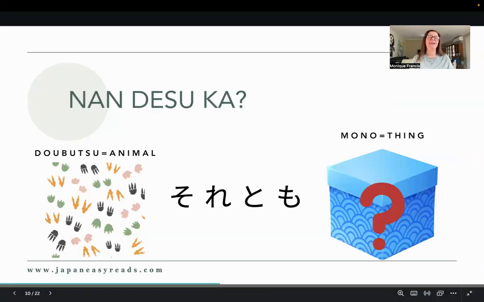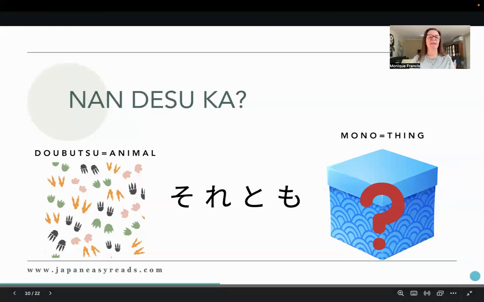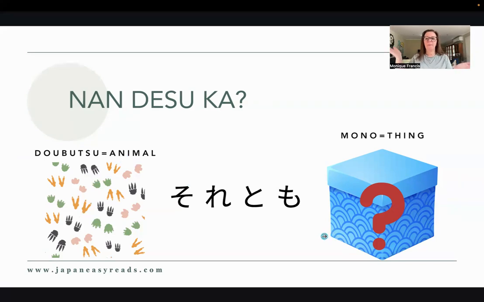The next one. So on a PowerPoint presentation, if I was to do this, I might start with the first question. Nan desu ka? Dobutsu desu ka? Sore tomo mono desu ka? So that initiates some discussion about that, whether it's an animal or a thing. From that then, if it's a dobutsu, donna dobutsu desu ka?